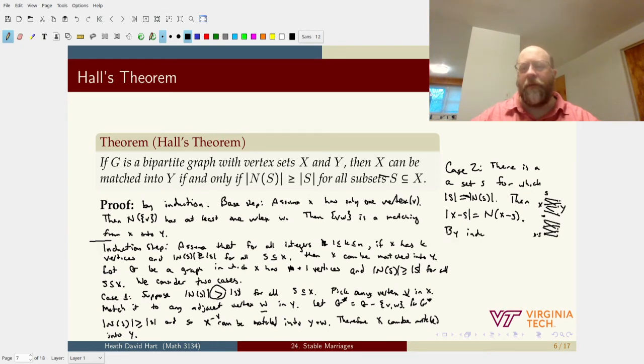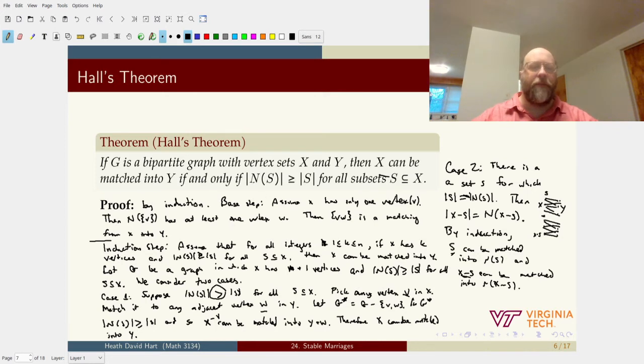So by induction, S can be matched into N of S, and X minus S can be matched into N of X minus S, because each of these sets is smaller than the original set, and therefore, by the induction hypothesis, if k is less than n plus 1, then we can do this.